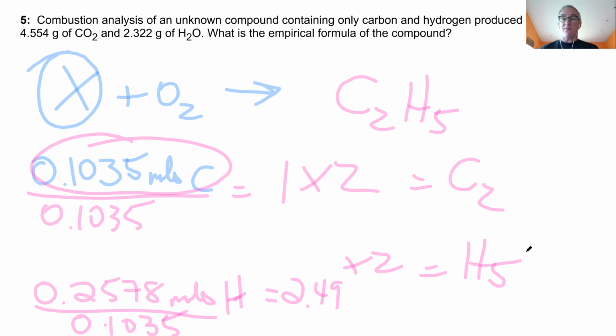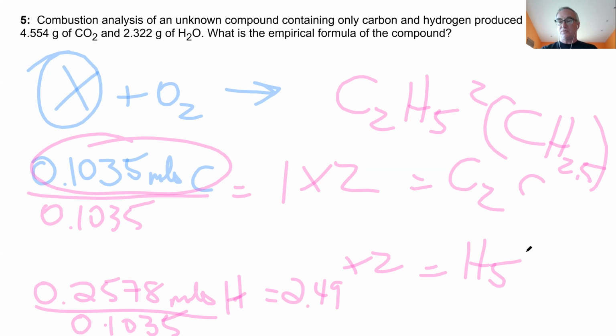Yes. Okay. Because if we don't multiply by 2, we would get this as an empirical formula: CH2.5. And that doesn't make any sense. We can't have 2.5 atoms of hydrogen. Atoms, you can't split them apart. They have to be whole numbers. So if my ratio is 1 to 2.5, and I need to convert them to whole numbers, the easiest way to do that is just multiply both of these by 2.